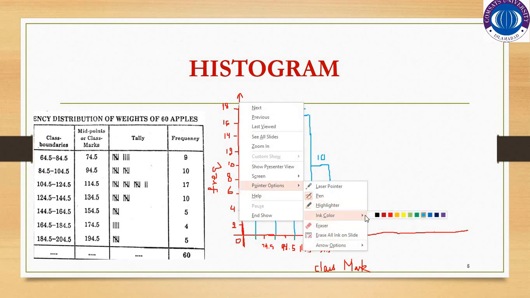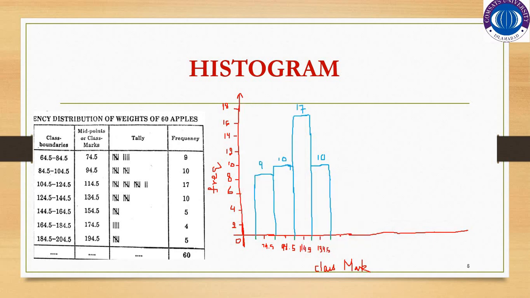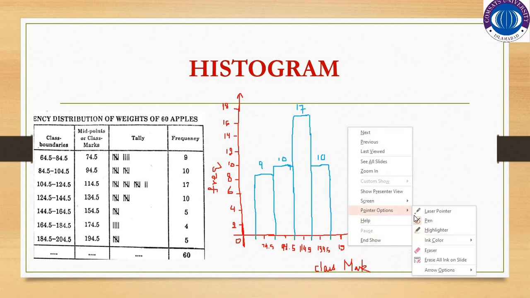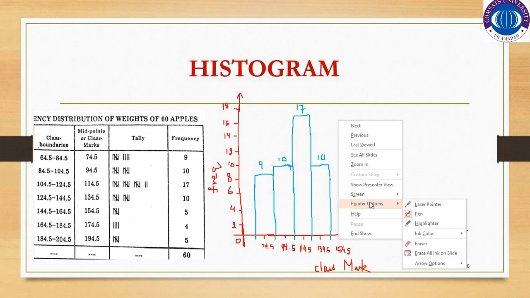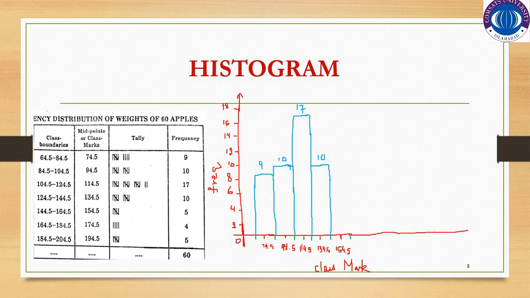Here we will have 154.5 in the middle of the class, and the lower class boundary is 144.5 and the upper class boundary is 164.5, which is represented by the green color.